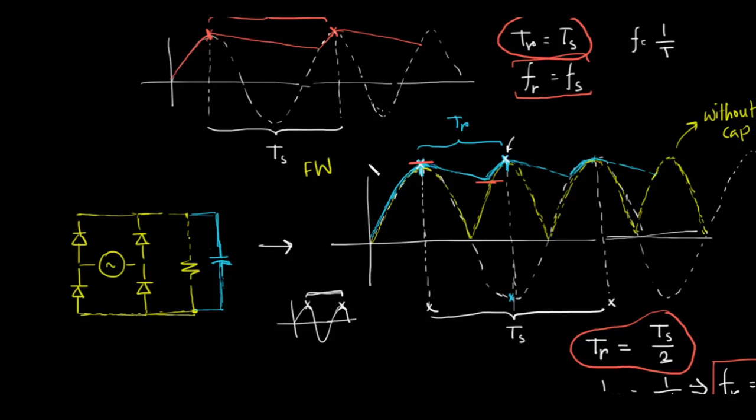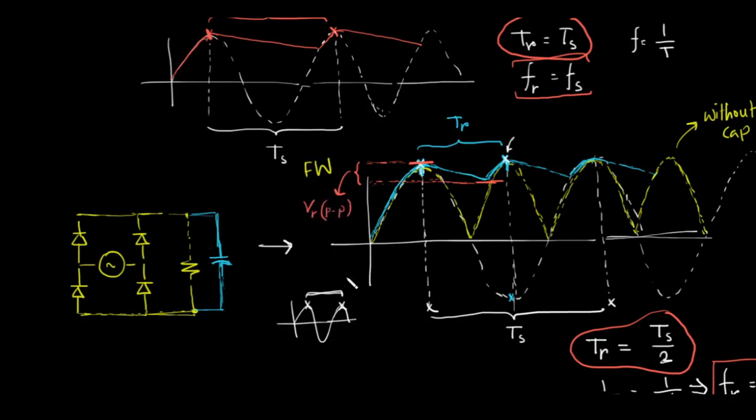So if I extend these two lines, what we mean by peak to peak ripple is the distance between these 2 points. I mean distance in voltage, right? We call this peak to peak ripple.